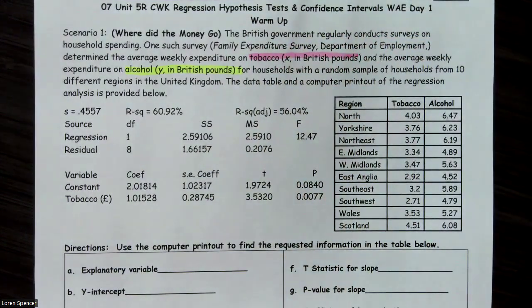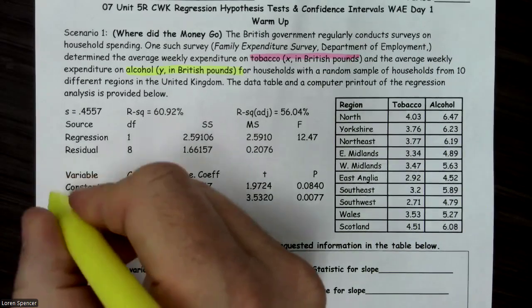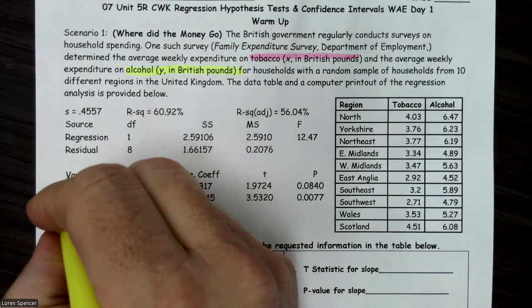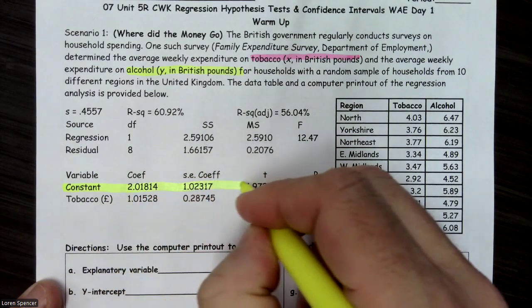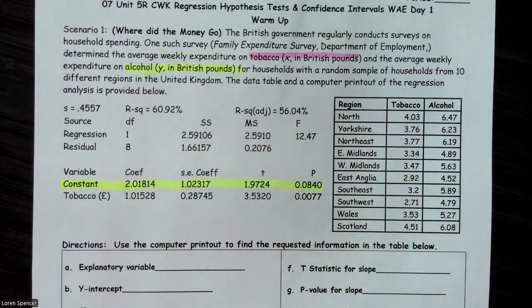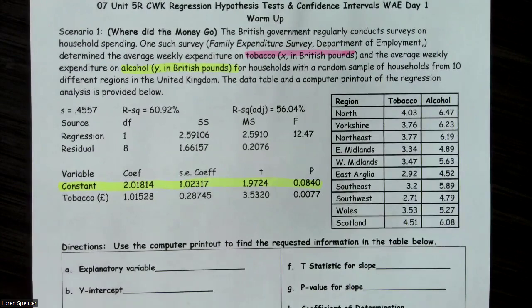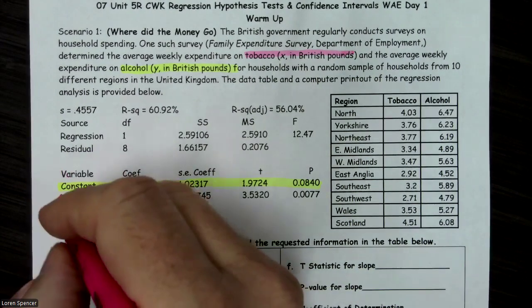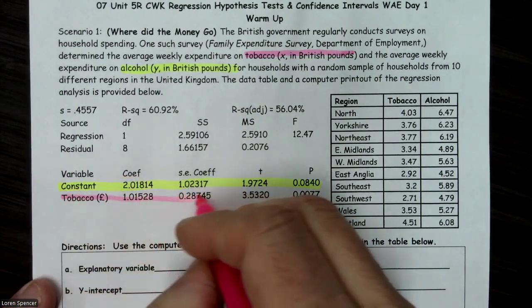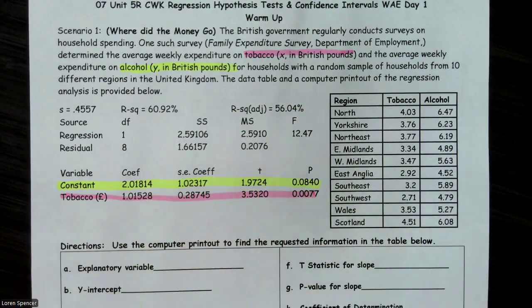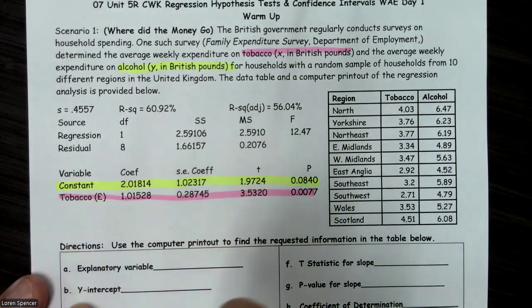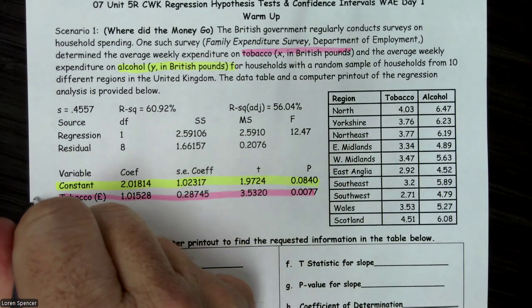Now, we can get a little more information than that when we go to read the actual printout. So we're always looking for that word constant. Our constant is our y-intercept row. So there's our y-intercept row. And then the next thing we're looking for is what's right below it, and that's going to be our slope row. So this right here is slope, or our slope row.